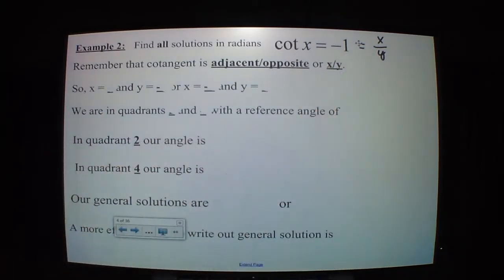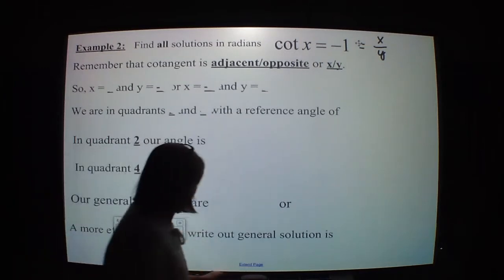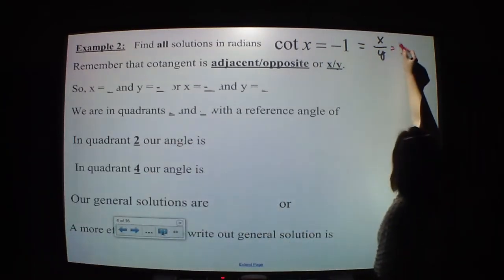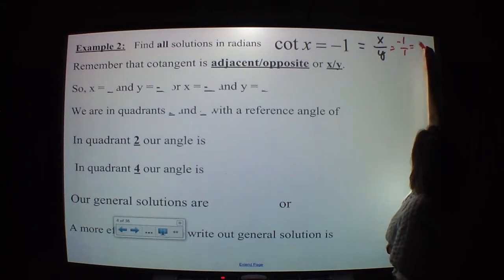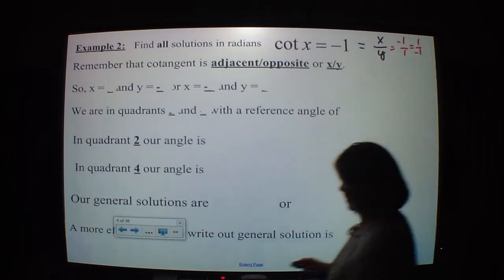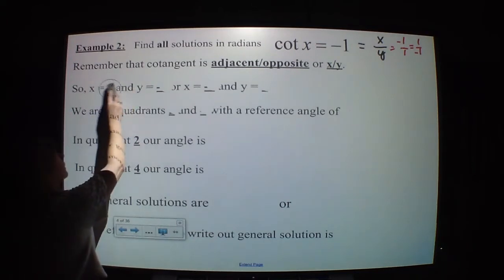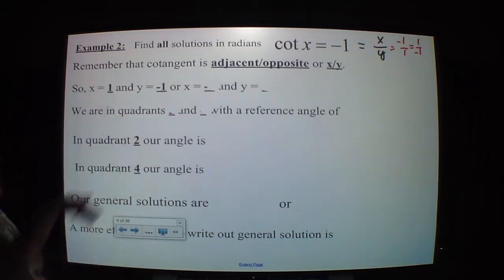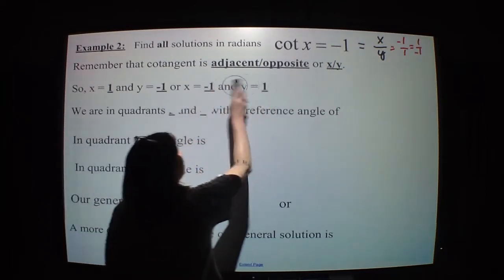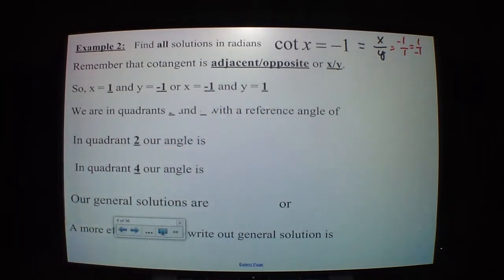So here, to get negative 1, we know that the fraction is equal to negative 1 over 1, or it's 1 over negative 1. Those are the two ways that you can get negative 1. So here, x can be 1, and y can be negative 1, or x can be negative 1, and y can be 1. Either way, it works out.